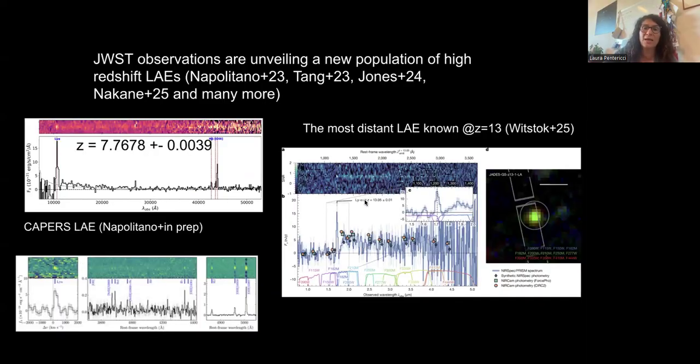This galaxy here from Wittstock is a redshift 13 source, which actually shows Lyman alpha. This was very unexpected, because we did not think that there would be so much Lyman alpha. Of course, we expected some emitters, but we expected that the fraction of emitters would really decline to almost 0.